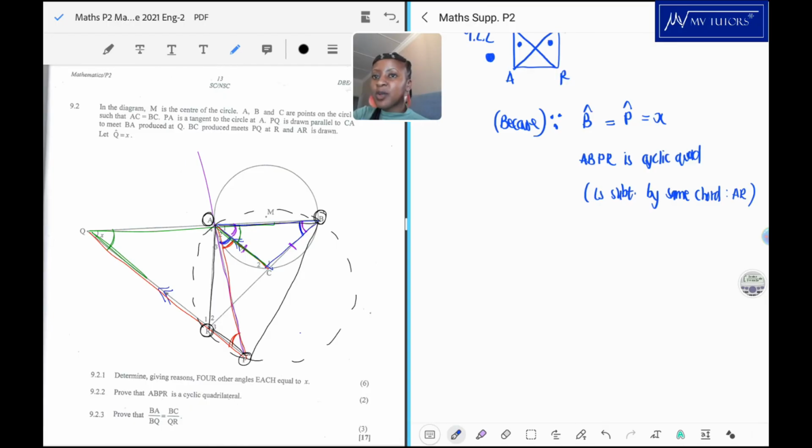Alrighty, and then the last question for question 9. Okay, 9.2.3. Prove that BA over BQ is equal to BC over QR. Okay, I'm gonna have to draw. I've made so many marks.